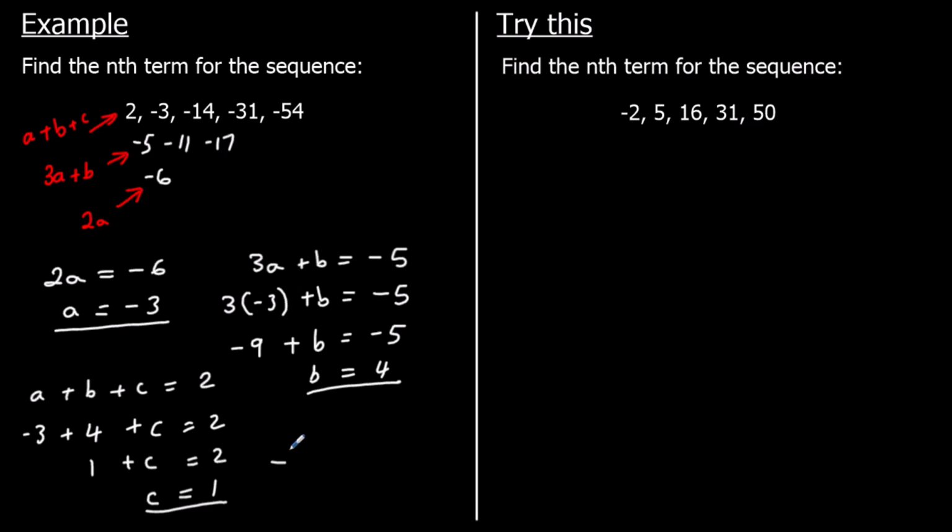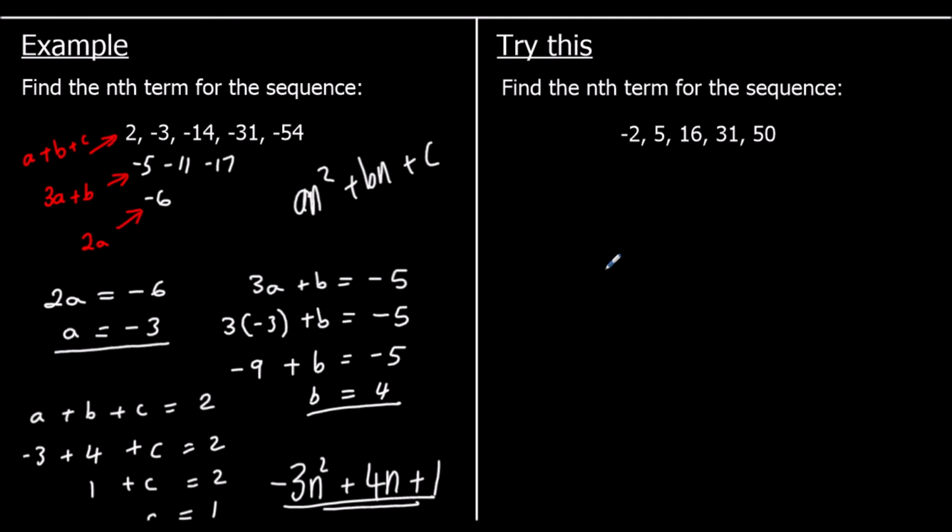So we've got negative 3n squared plus 4n plus 1. Remember, it was an squared plus bn plus c. So if you substituted 1 in for n in this nth term, you would get 2. If you substituted 2 in, you get negative 3, and so on.